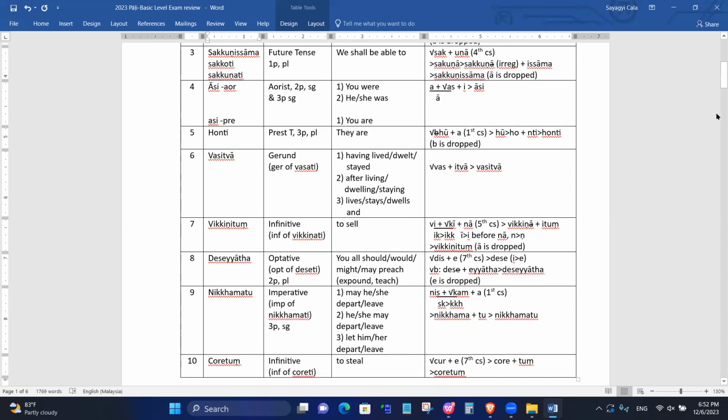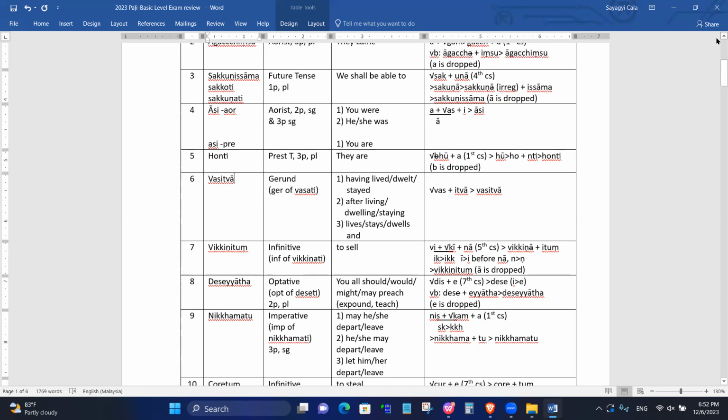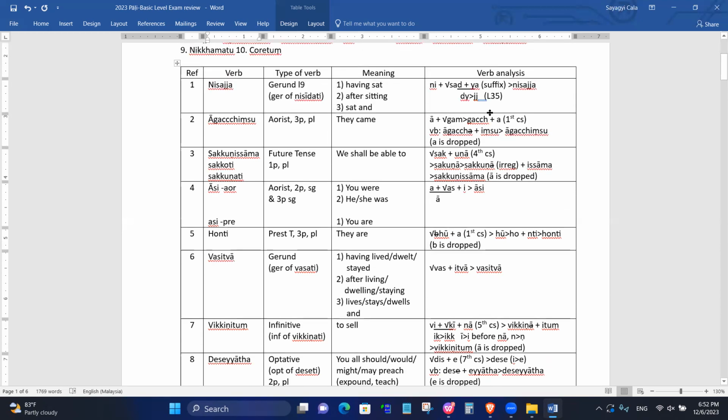Now this one is also a gerund, but the difference between this gerund and this gerund is that this gerund has the prefix. So when the prefix is here, the suffix is ya. And this gerund has no suffix. The root is was. So here you have the prefix, root, and ya.